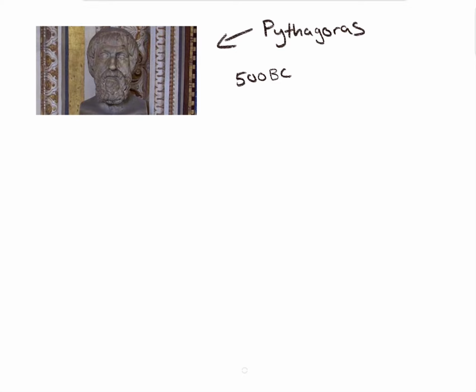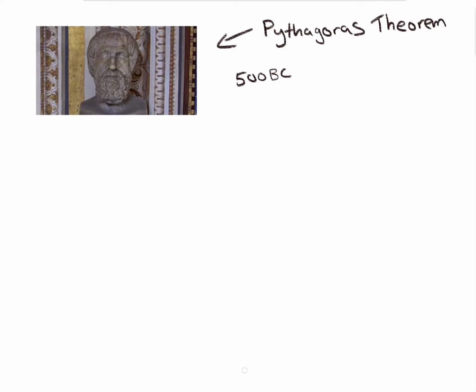2,521 years ago, roughly. And he is very famous in maths because he created something called a theorem, which is a funny or a fancy way of saying a rule. Pythagoras noticed something. Now, here's an interesting tidbit.